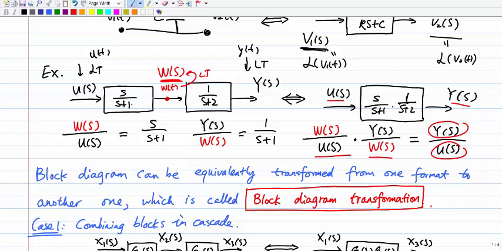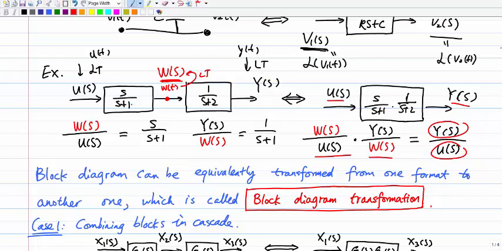How do I simplify the relationships in this block diagram so that I can get the final transfer function? That's the goal. The key technique to simplify or transform a block diagram, so that we can find the transfer function for a complex control system represented by multiple blocks with complex relationships, is called block diagram transformation.